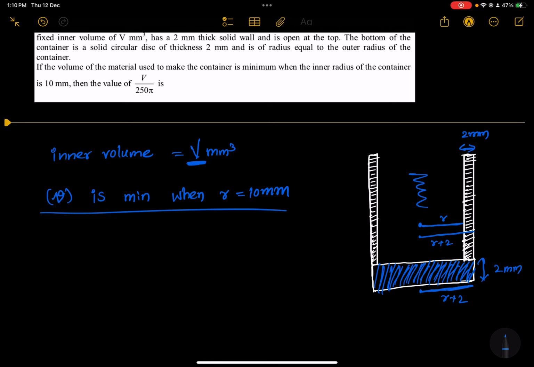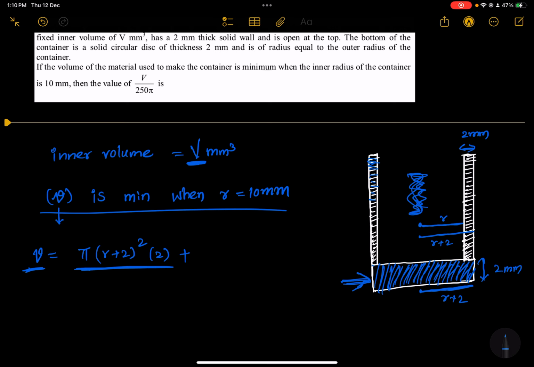So let us go ahead and find out what is the volume of the container. Volume of the container will be, first we have to find the volume of this bottom disc. This disc is just like a cylinder, so the volume will be pi r square h, but the radius here is r plus 2 whole square, and the height is 2 mm, plus the volume of this wall, because inside it is empty.